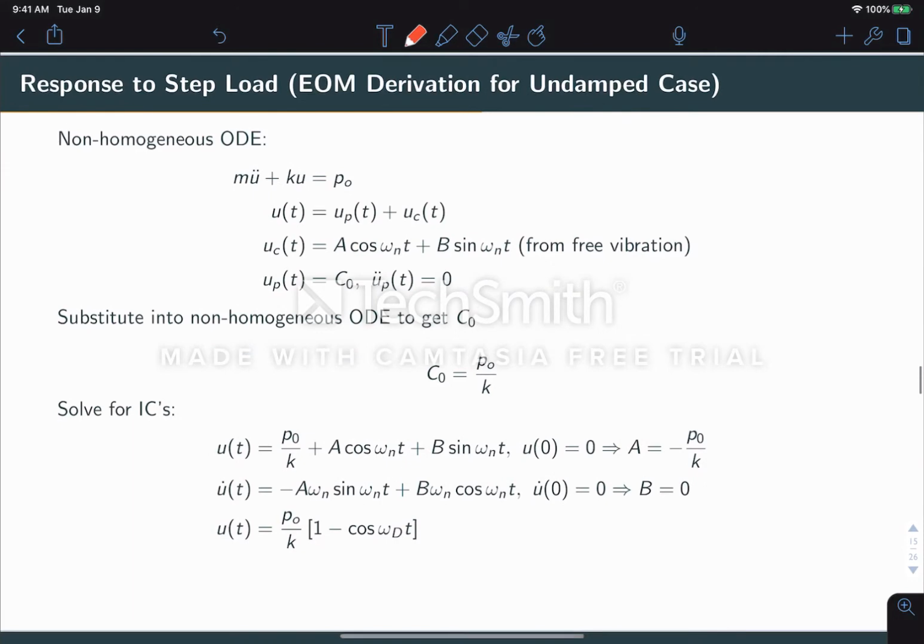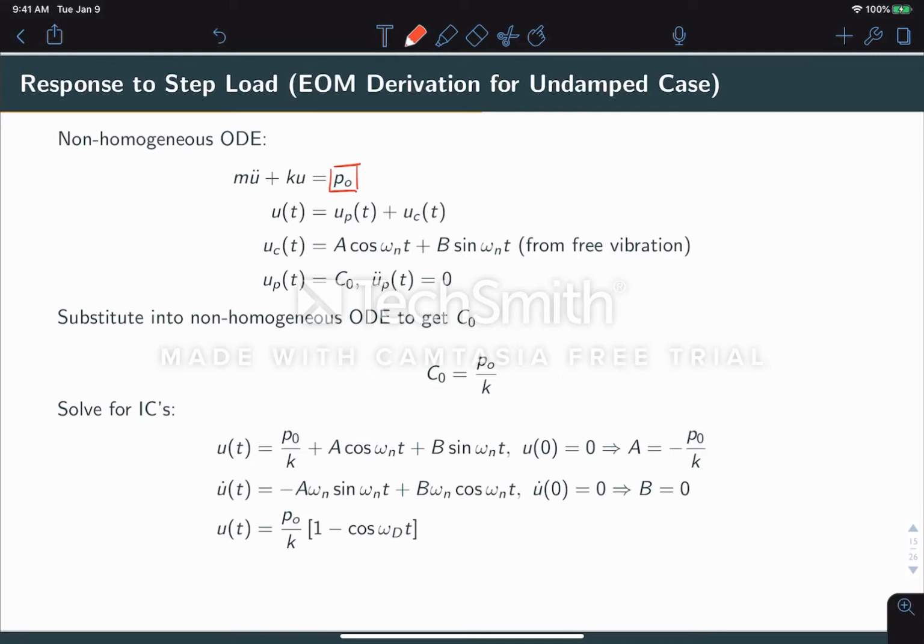And I will just go over this very quickly. I encourage you to look in Chopra or in the Inman book for more details on how this derivation is obtained. One way to do it is to use the equation of motion directly. And in this case, for any time greater than 0, we have a non-homogeneous ODE, meaning that we have some sort of loading function on the right side.